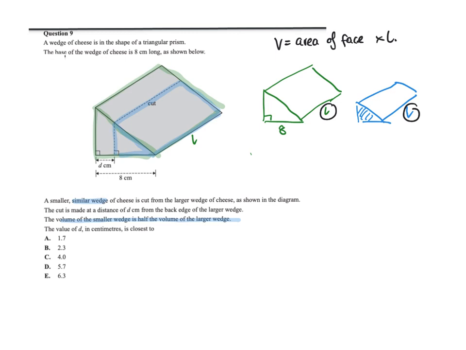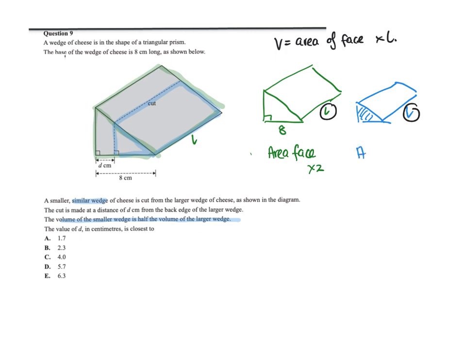So when they say the volume of the smaller wedge is half the volume of the larger wedge, what they're really saying is the area of this face must be 2 times bigger than the area of this one.